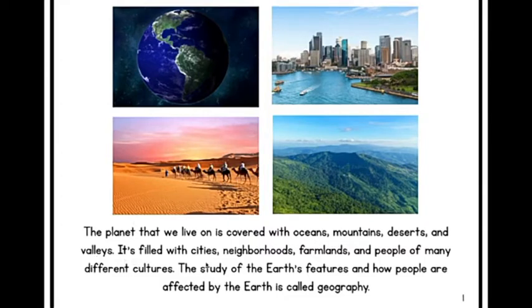It's filled with cities, neighborhoods, farmlands, and people of many different cultures, meaning people from all over the world. The study of the Earth's features and how people are affected by Earth is called geography. So geography is studying about the people who live on planet Earth, things like mountains, volcanoes, oceans, all of that together is called geography.